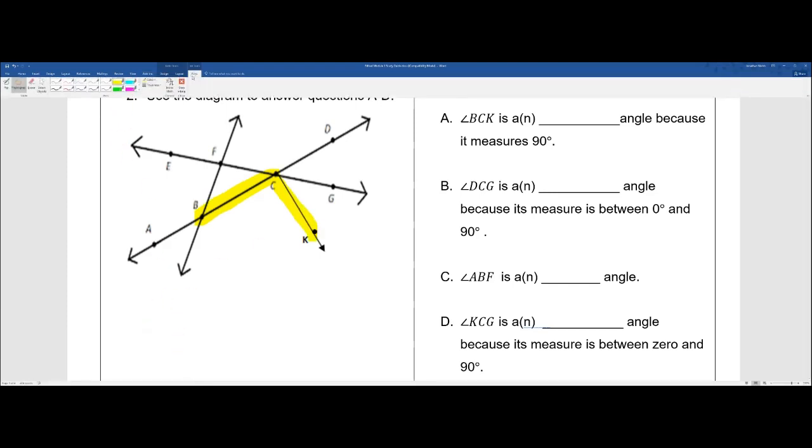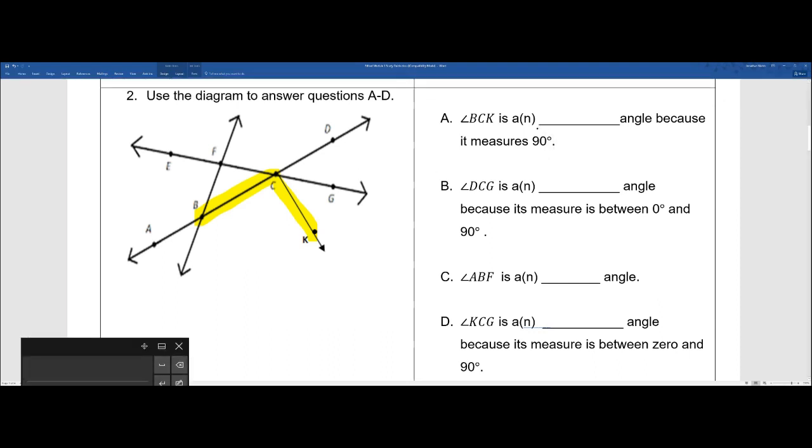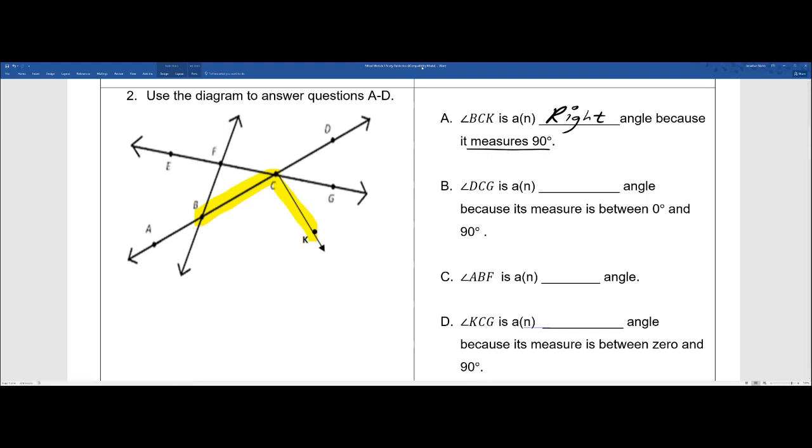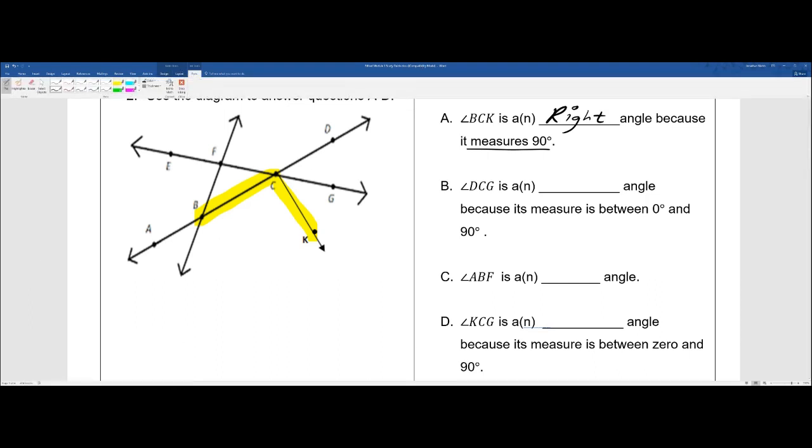Now, if you measure with a protractor, you should get 90 degrees, and they also verify right here that the angle measures 90 degrees. Therefore, it has to be, by definition, a right angle. Always right.